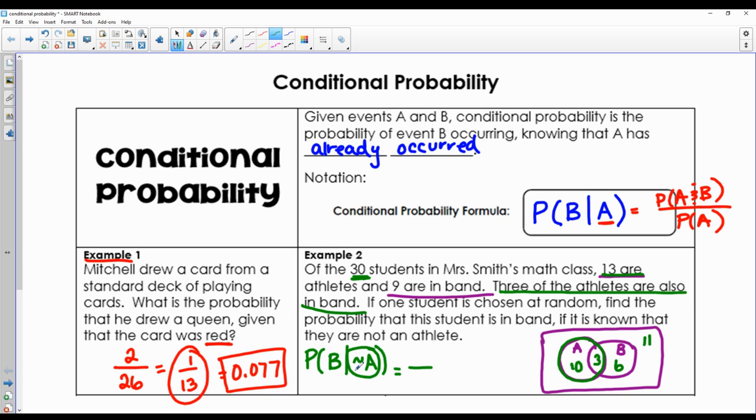In fact, I'm going to take my pen and cross out all my athletes because I'm only caring about the people that are not athletes. So don't even worry about those 13 people in there. So how many people are not athletes? Well, there's these 6 that are in band. There's the 11 that are not in band or athletics. So 11 plus 6, there's 17 people left right here.